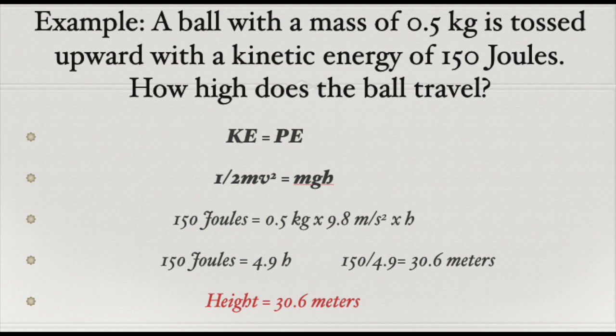So we can set the left side of our equation to say 150 joules. Now, the mass is 0.5 kilograms. So we just say 150 joules is equal to 0.5 kilograms times g. Remember, g is gravity, which is 9.8 meters per second squared, times the height, which is x, which is what we're looking for.